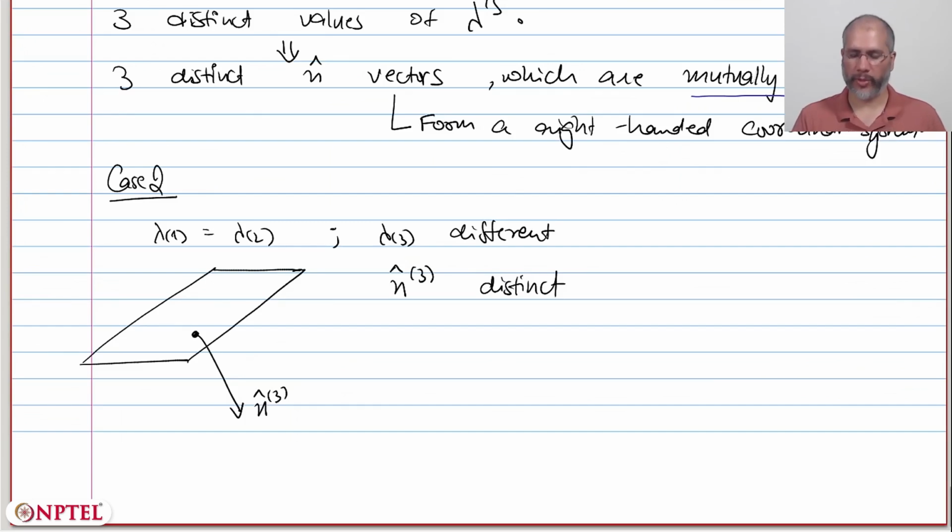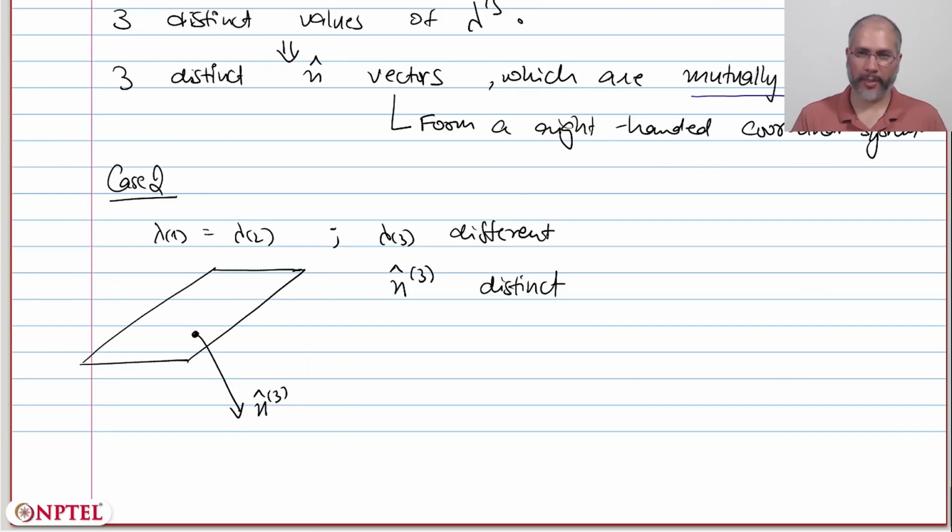And now, for this same sigma, for which you've calculated the eigenvalues lambda 1, lambda 2, lambda 3, if you multiply that sigma with any vector in this plane that is perpendicular to n3 hat, you see that that direction is an eigen direction. So what I mean to say is that all vectors in this plane are eigen directions or principal directions of sigma.